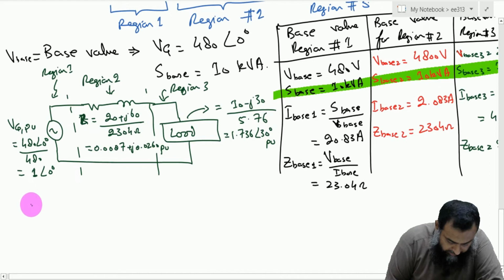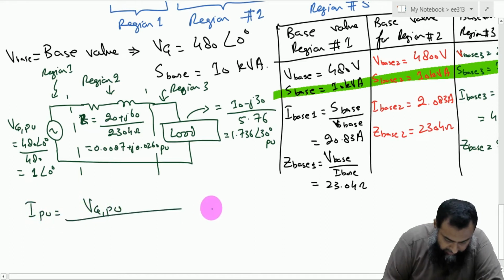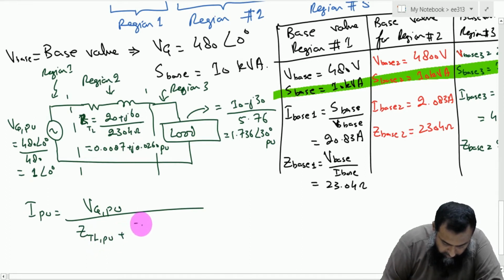So, I per unit is equal to Vg per unit divided by the Z transmission line in per unit plus the Z load in per unit, right.